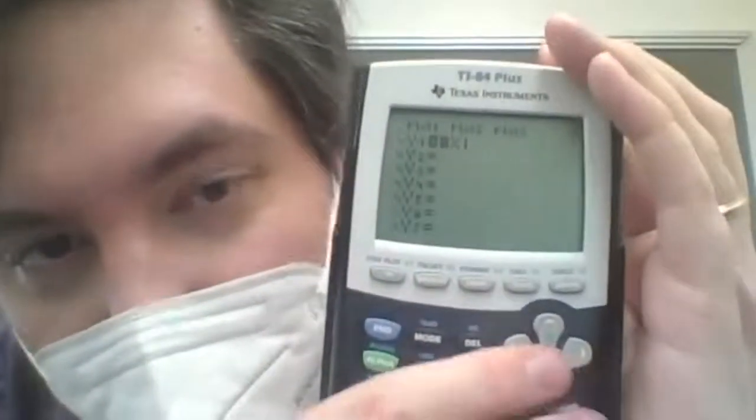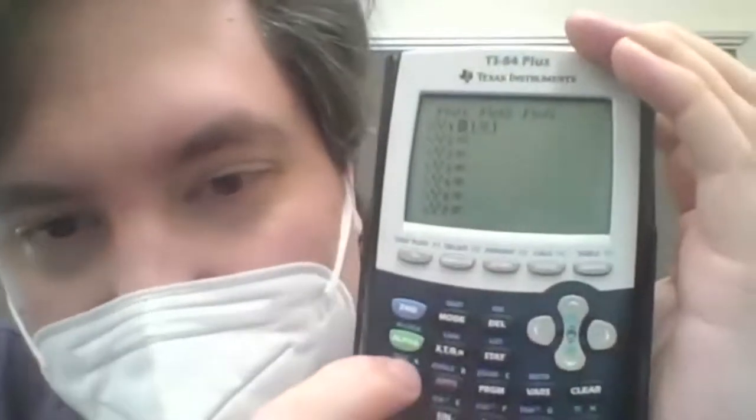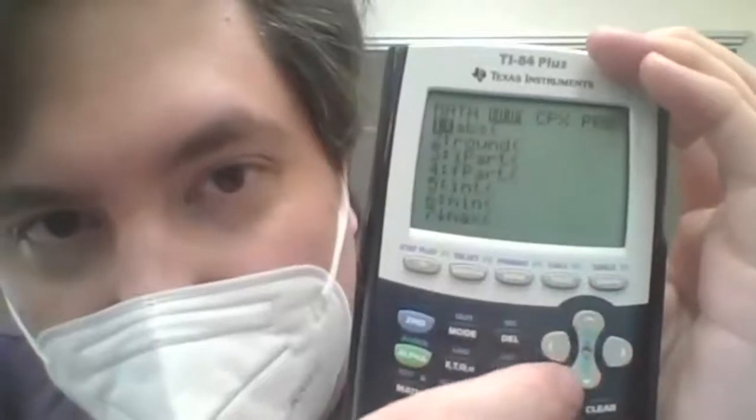If you then go to Y equals, and then again, we want the math menu. So you push math, go over to the number submenu and just pick the very first option there for abs. What was it? It was X minus 2 and then a plus 4 outside, if I remember right. So X minus 2.